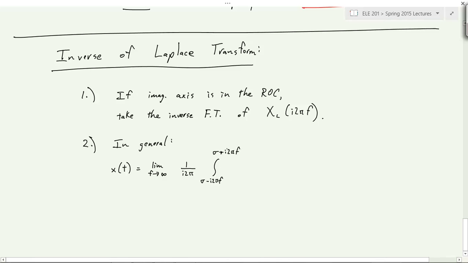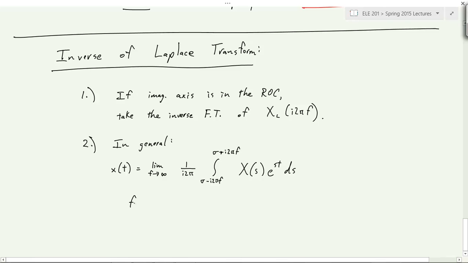It's a plus there, minus in the bottom, plus in the top, X of s, e to the st, ds. The reason to write this out is just to show you it looks sort of like an inverse Fourier transform. Just like we expect, we get e to the st in there. We're doing some sort of integral.